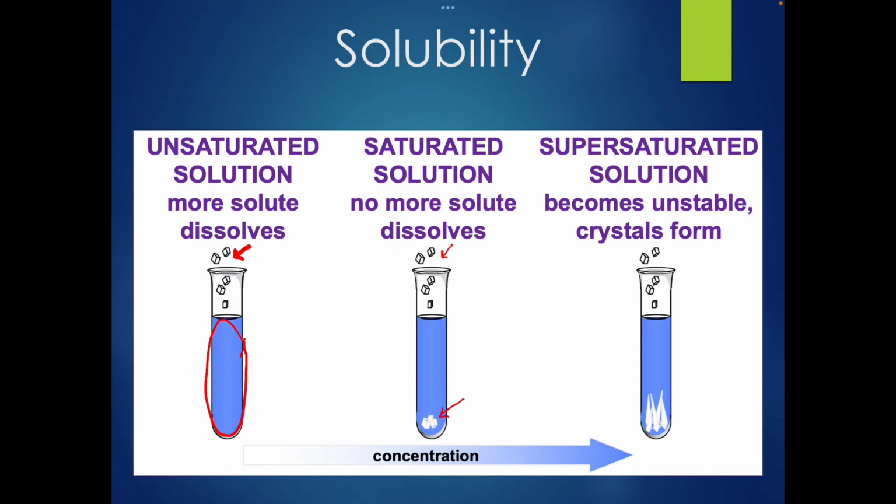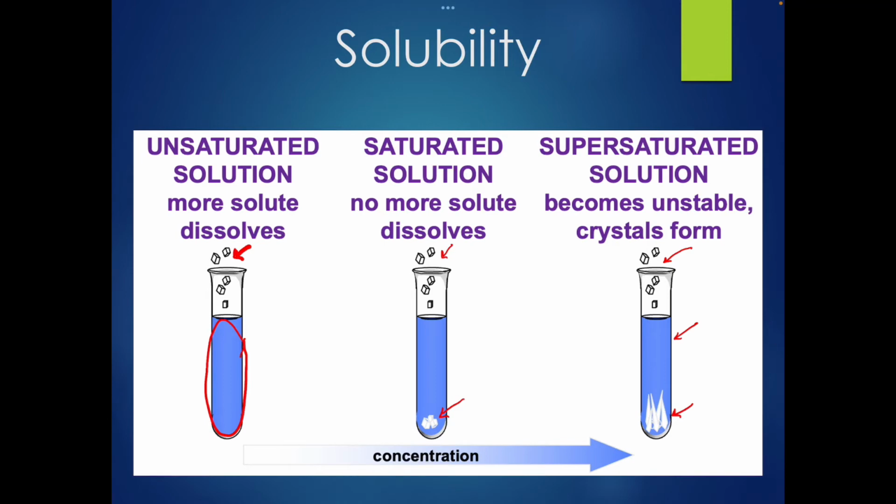Because our liquid is saturated. It cannot dissolve any more of our stuff. If you have a supersaturated solution and you try to add more stuff, you actually kind of mess up what's going on in here, and it will form these crazy jagged crystals because supersaturated solutions are very unstable, okay?